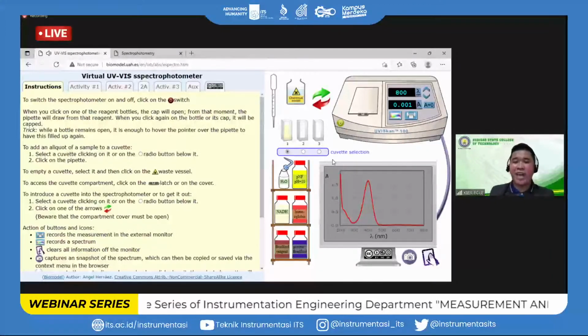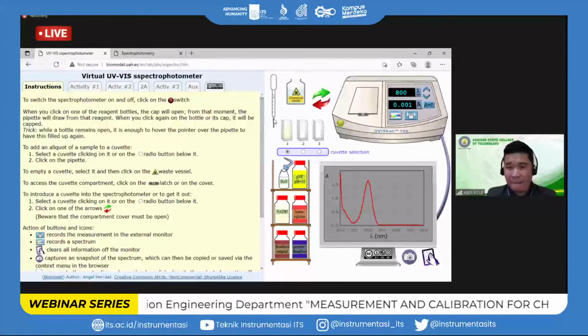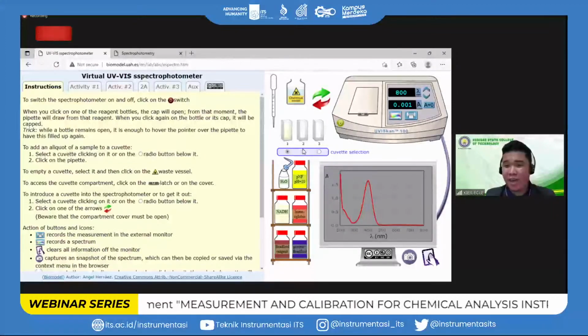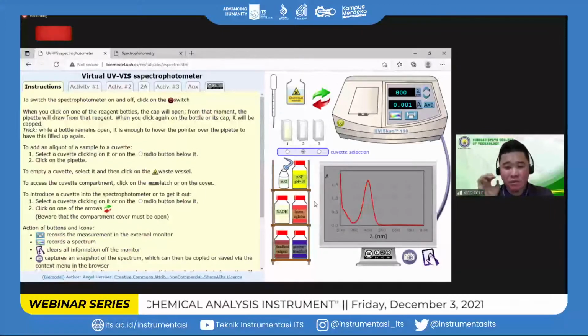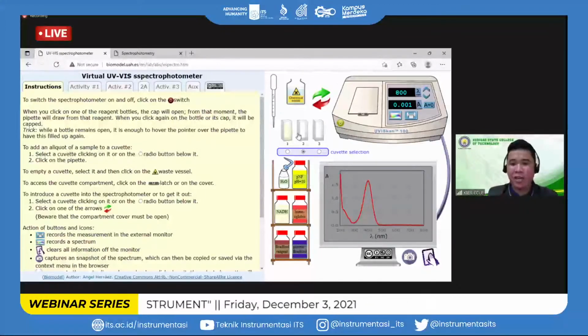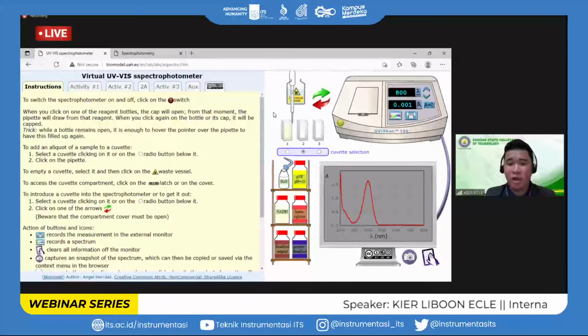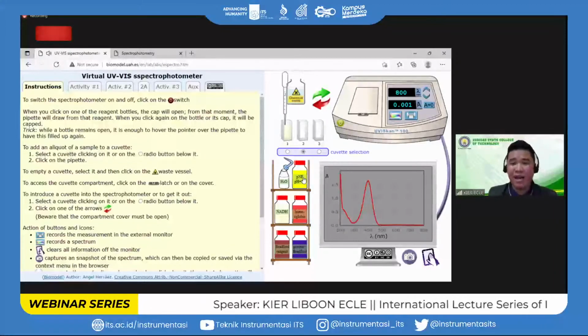Next, in the second cuvette, 1:1, the ratio of your PNF solution and your water is 1:1. So we have 1 ml water and 1 ml PNF solution.